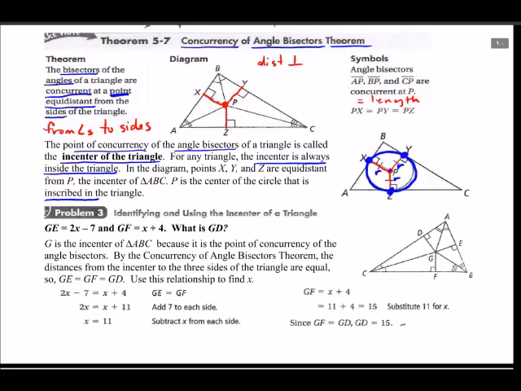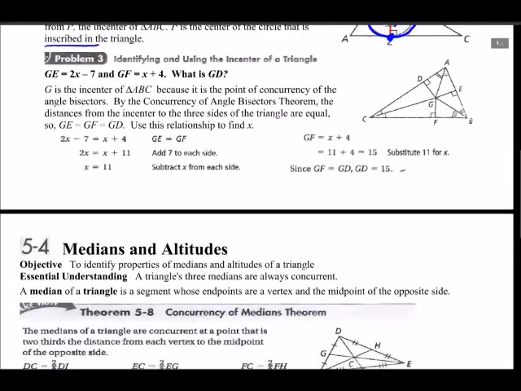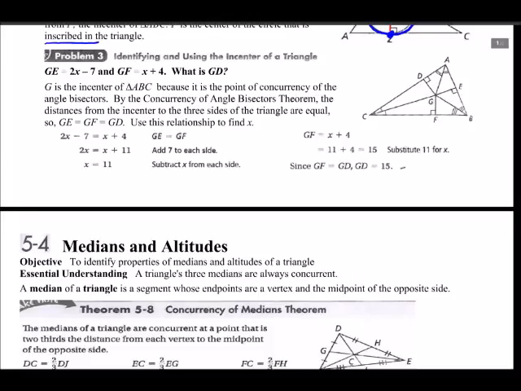Now, I'm sure that you're thinking, well, there must be algebra associated with this. So how do we use the incenter of a triangle? Well, we look here, and I see a point of concurrency.